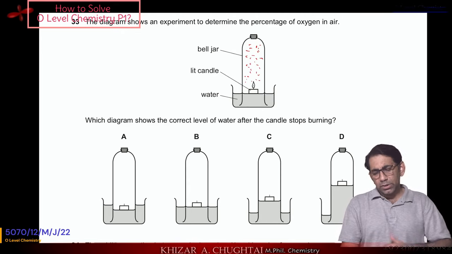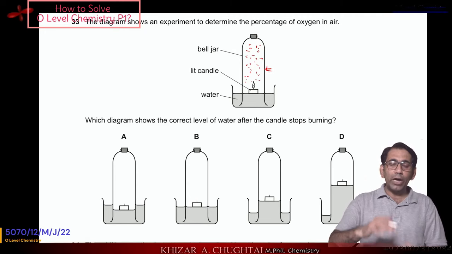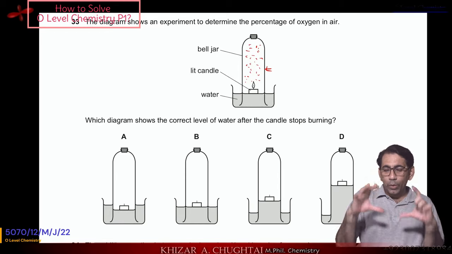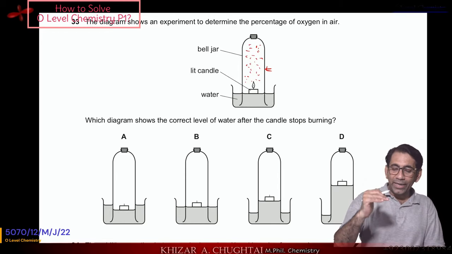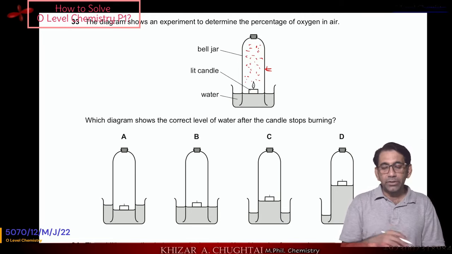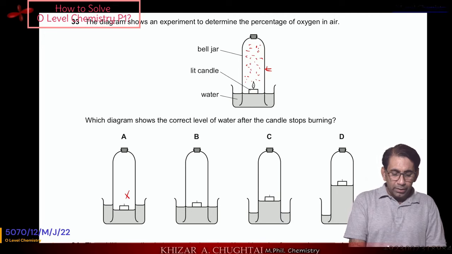So almost 20% of the bell jar volume will be occupied by water. The gas volume will be reduced, water will enter into this bell jar further, and the option must show almost 20%. This one is not correct.